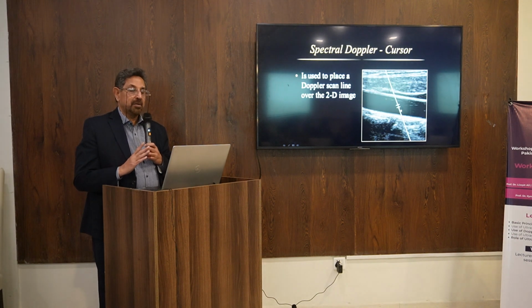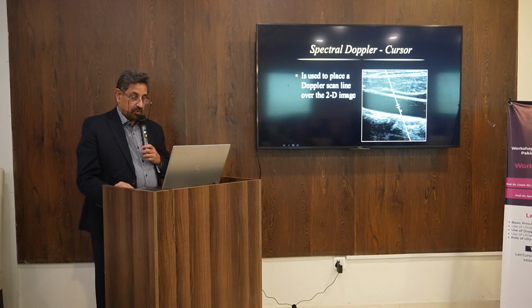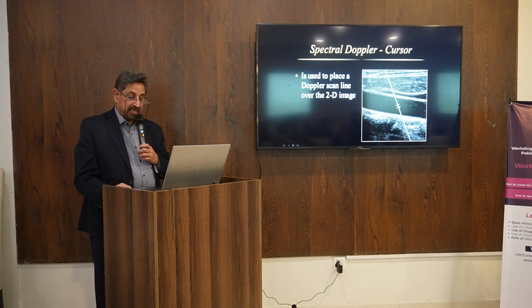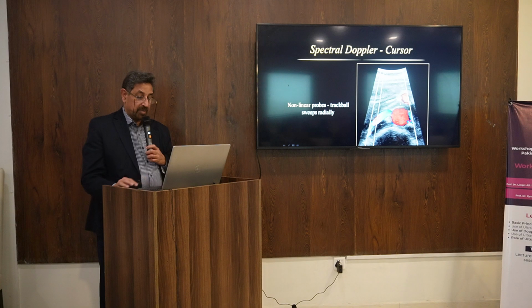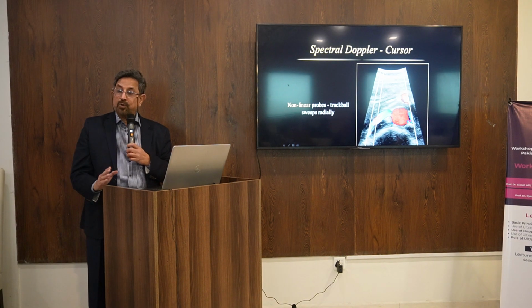At 90, nothing will be seen. So you have to place this cursor line for the angle and this cursor gate for how many velocities should be captured, just to get a good spectrum. Otherwise you won't be able to get that spectrum. That's for the linear probe.